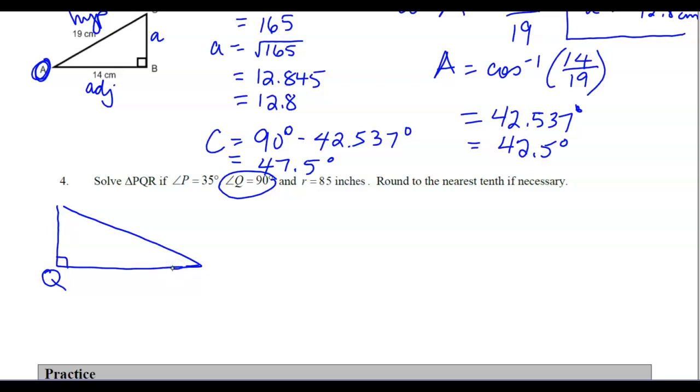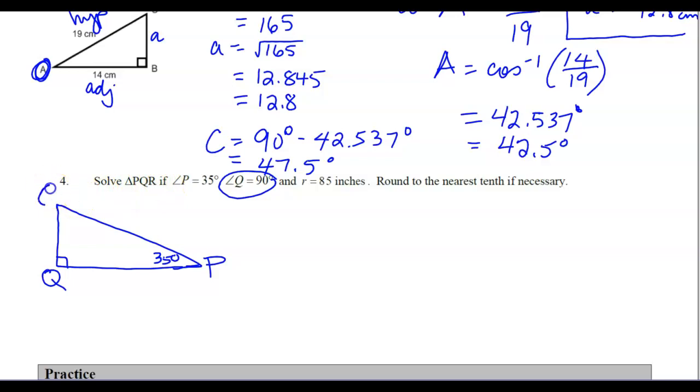Okay, and now it says angle P is 35. So I'm going to choose the smaller of the two angles. So this one I would make 35. Okay, and that is angle P. And it's called angle P, triangle PQR.